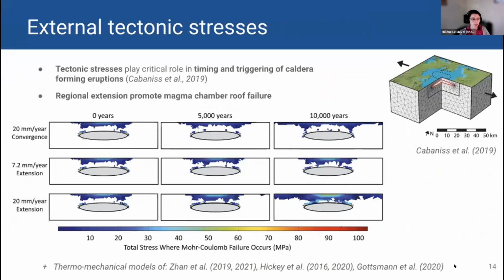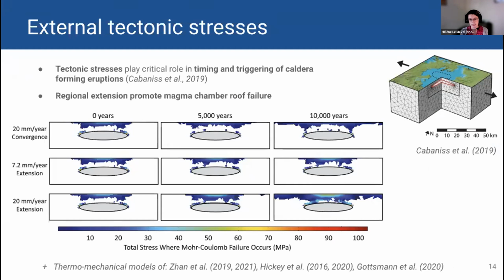So finally, another important consideration is the influence of tectonic stresses on deformation models of magma chambers. So Cavanis and others use the same kind of 3D FEM thermo-mechanical models, but this time they look at reservoir stability. At Taupo in New Zealand, they look at the stability under different tectonic regimes, either extensive or compressive stress. So the stability of the reservoir is assessed using the Mohr-Coulomb failure criterion.